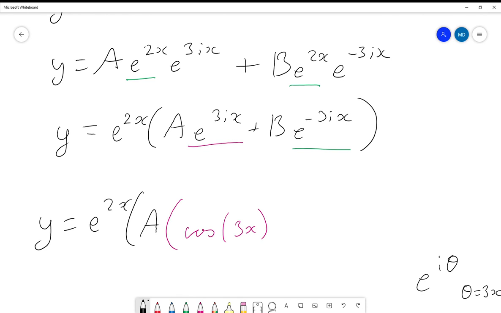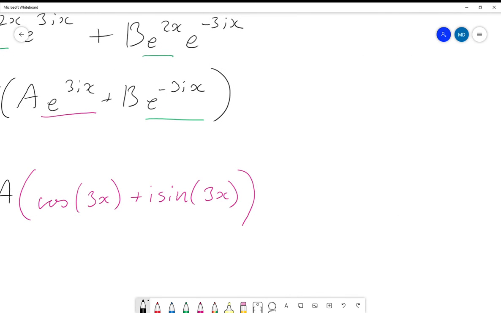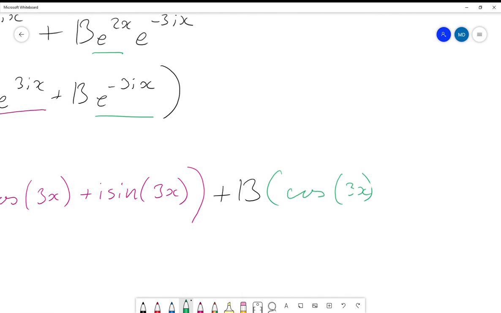So cosine of 3x plus i sine of 3x, and then we get plus b cosine of negative 3x, but cosine is an even function, so we end up with that just being cosine 3x, and then plus i sine of negative 3x, but again, because sine is an odd function, we can actually write that as minus i sine of 3x.